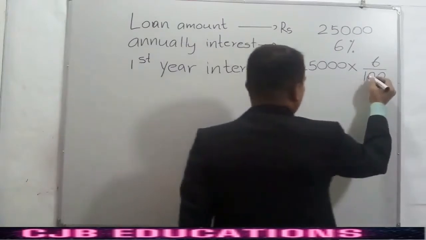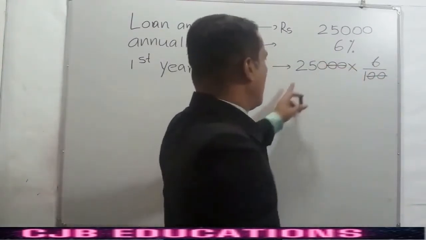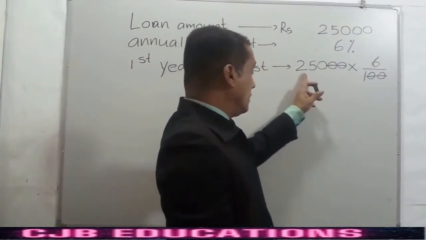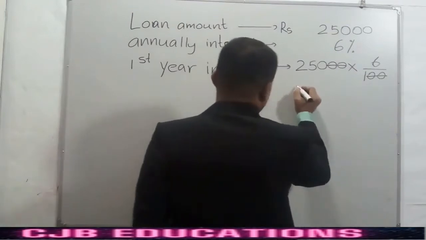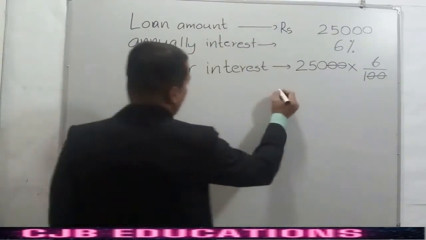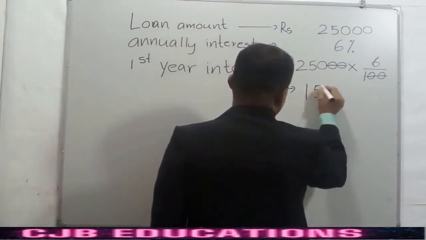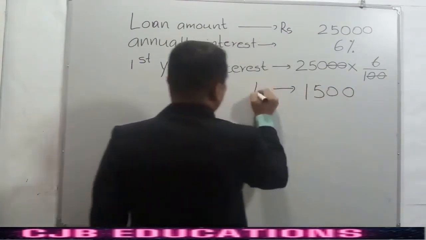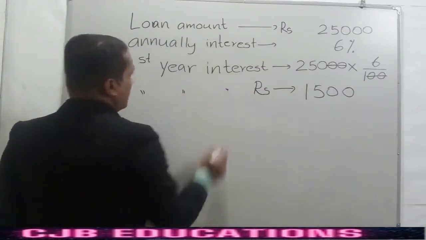Then we can cancel the 2 zeros with the 2 zeros. Then we can multiply 250 with the 6. 250 times 6 means 1,500 rupees for the first year interest.